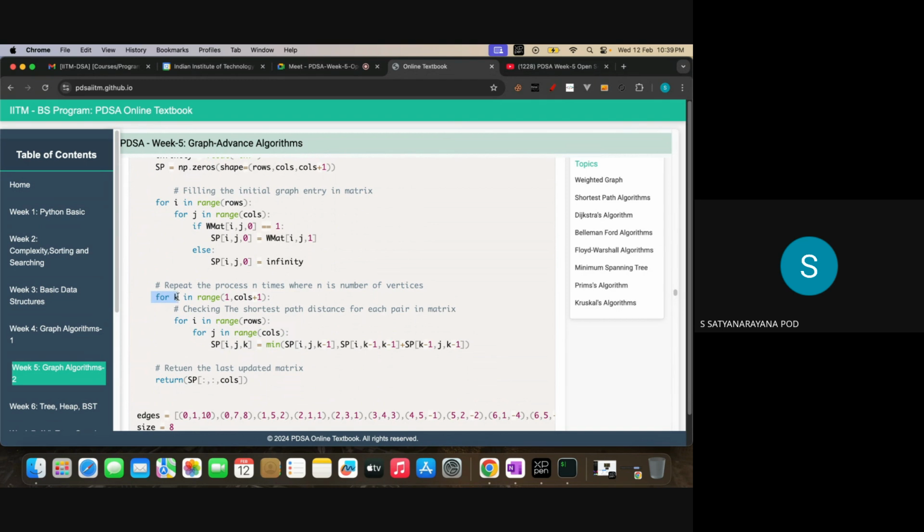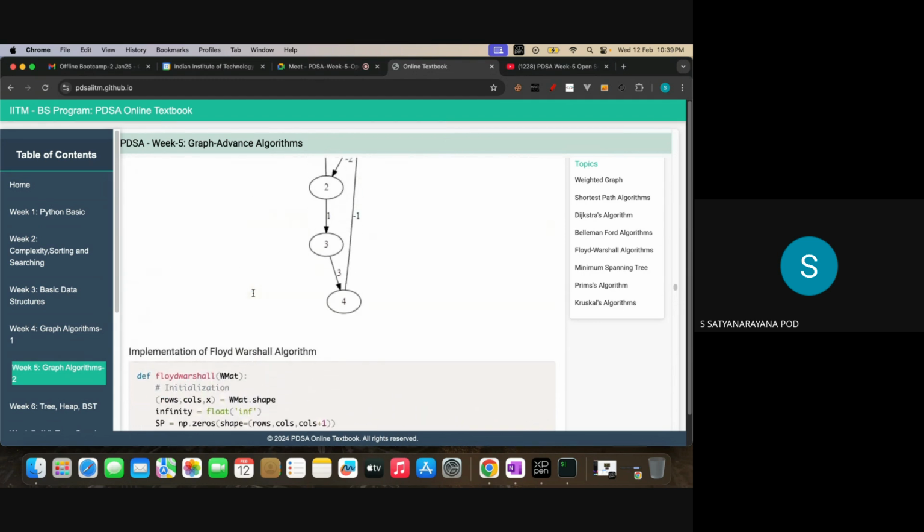Every time we take the outer loop, the previous version of the matrix we are bringing, and we try to find out via k, via k, via k. That's the reason every time the entire matrix has to be updated. Even if you try with an adjacency matrix or adjacency list, the complexity is the same.